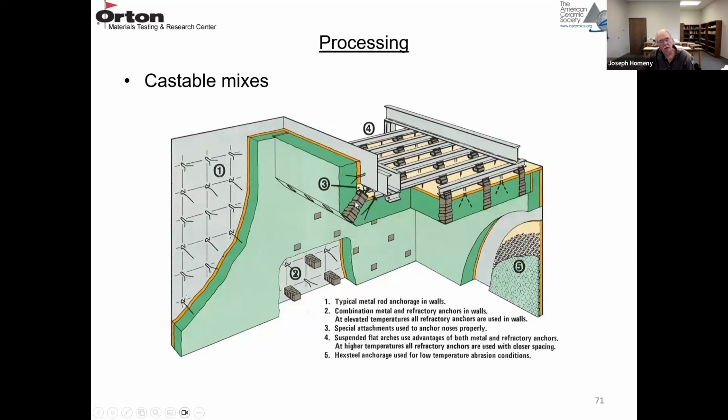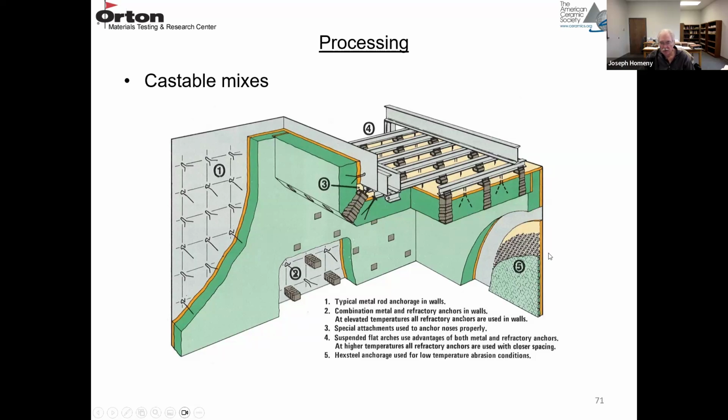Here's an example going around a bend here from a ceiling to a wall with anchors in place. And then this is just showing a furnace roof, and the anchors are suspended from these rails. So here's your ceramic anchor, and here's your metal anchor.